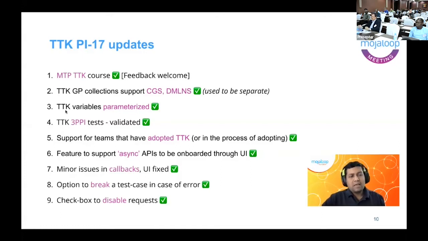In that case, we need to specify the expected versions for the TTK assertions while executing TTK test cases. So we can set those expected versions through the environment variables, and we changed the collections accordingly.